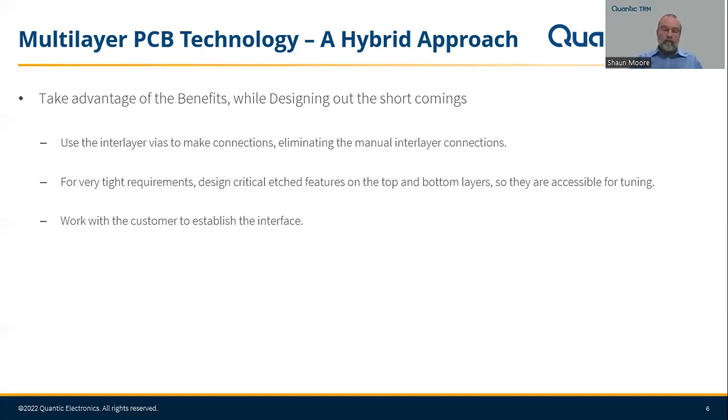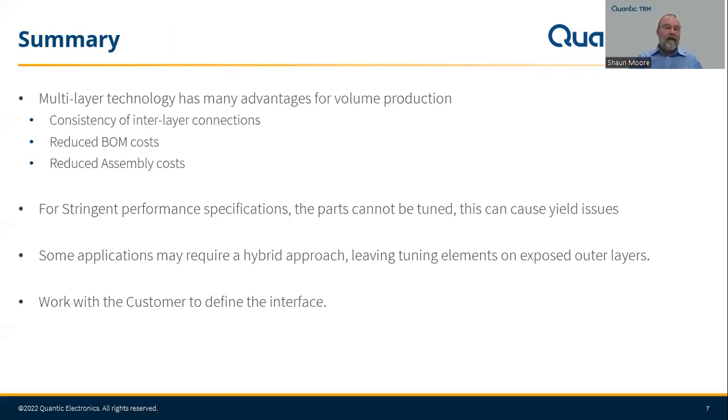Well, as usual, lots of good information, concisely delivered. Can you summarize? Sure. So basically, multi-layer technology, it's been around for quite some time. Use in the RF industry is becoming more and more prevalent, especially when we're talking about embedding passives into PCBs.